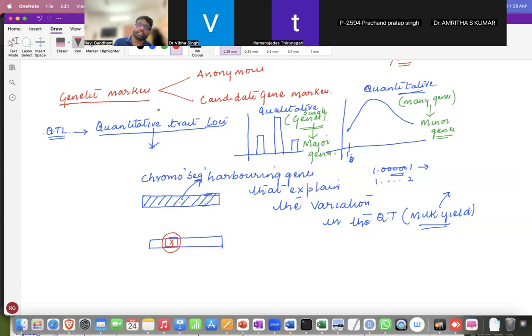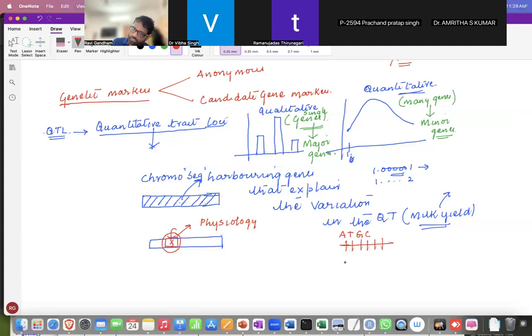Now, if polymorphism is present within this particular gene, and if this gene is influencing the physiology of expression of the trait, listen to me very carefully. Polymorphism means the presence of an allele. When you talk about polymorphism in terms of genes, you have A, T, G and Cs.